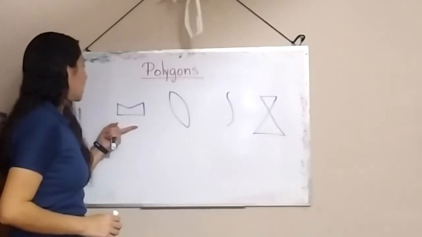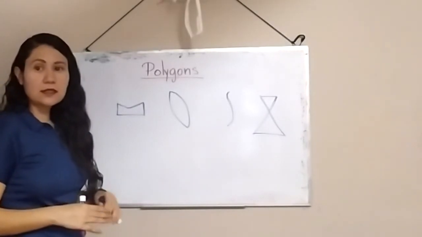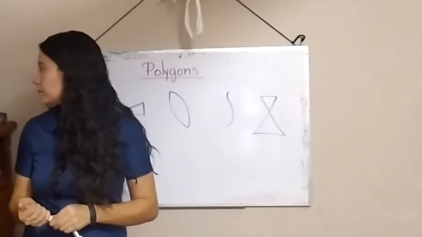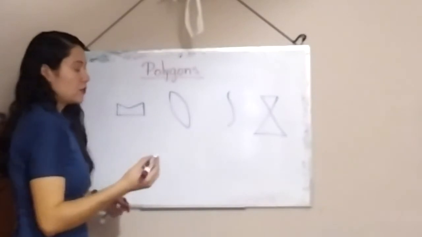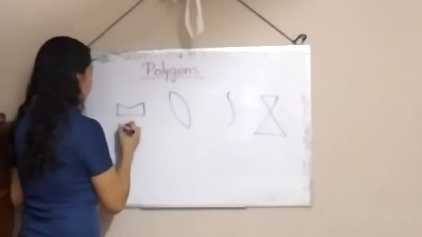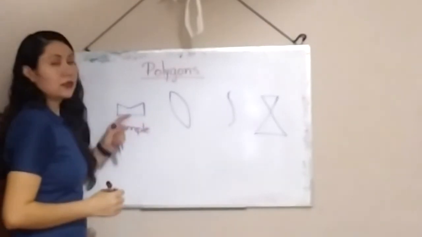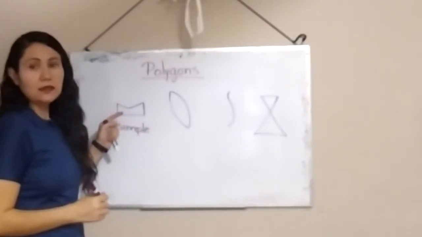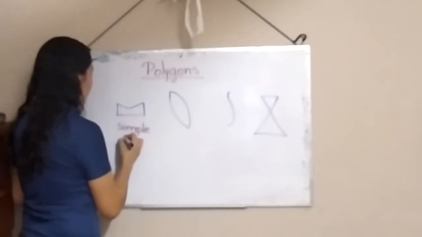Okay? Here, do we have lines intersecting with themselves? No, they are not intersecting, so it is simple. Does it end and begin in the same point? Yes, so it is closed.